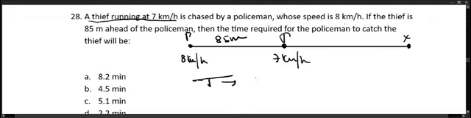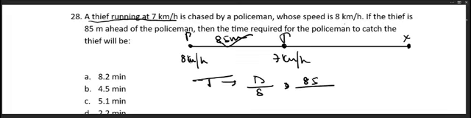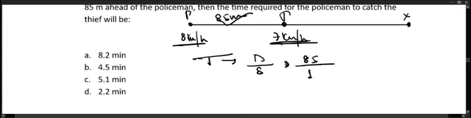And for time, we have seen the shortest approach: distance upon speed. The distance will be 85 meters, and the relative speed is 1 km per hour. We have to find the time in minutes, and the relative speed is in kilometers per hour.